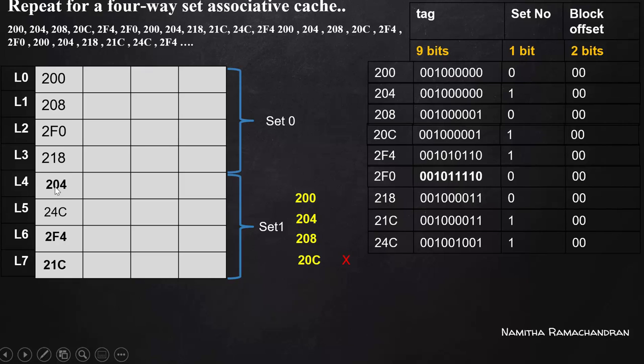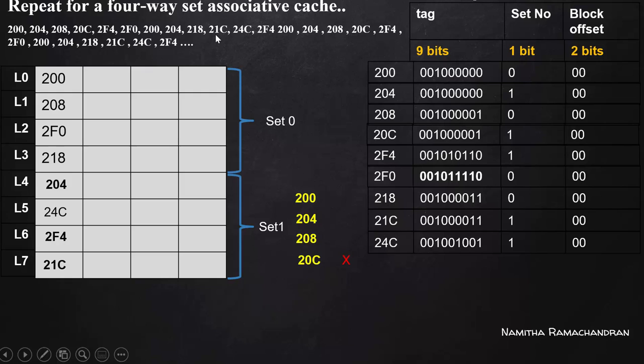So among these 204, 24C, 2F4 and 21C, which one is the least recently used address? From this position, 204 is used most recently. The next recently used is 2F4 and the next is 24C.